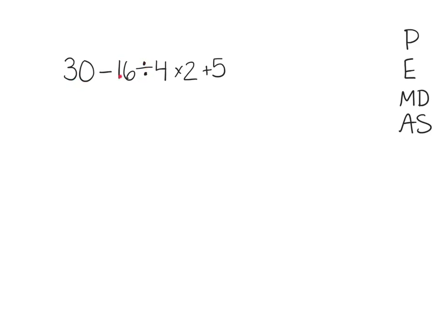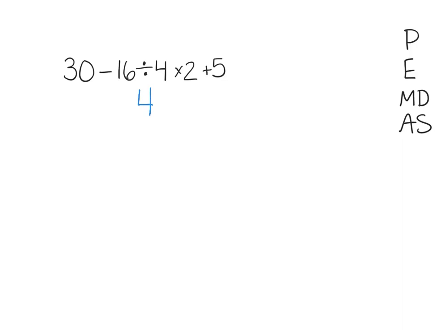So I'm going to do 16 divided by 4. 16 divided by 4 is 4. I'm only going to do one thing at a time. In order of operations, if you try to do multiple steps at the same time, I promise it's only going to confuse you. Do not do anything in your head.